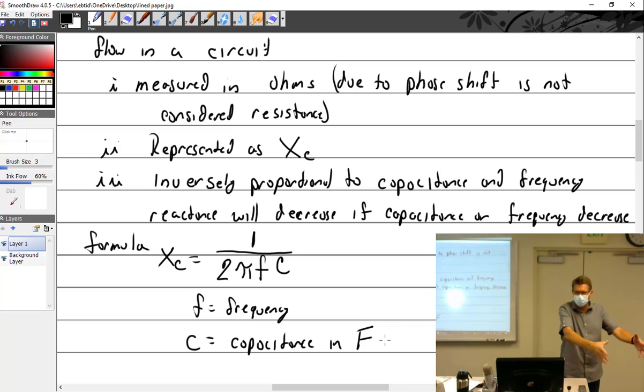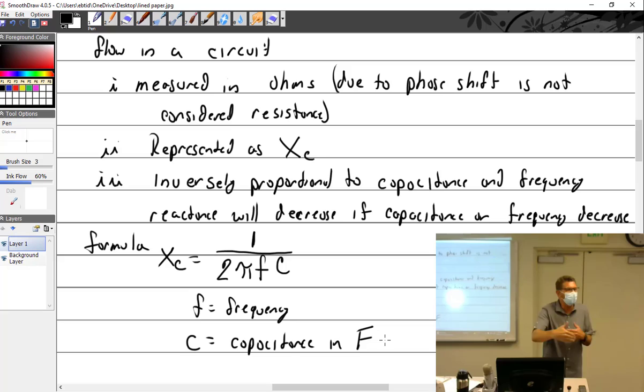We've talked about resistors. Nothing new there, right? Talked about inductors. A lot of new stuff there. X of L, inductive reactance. And the key thing was the more henries we have, the more inductive reactance we have.